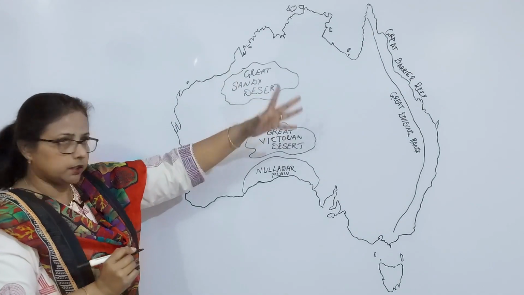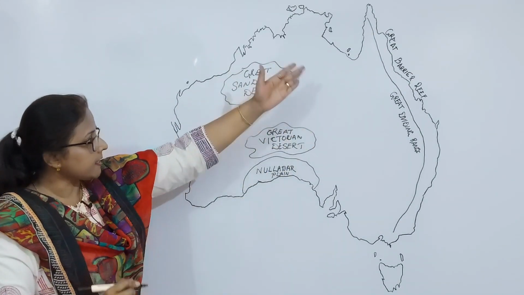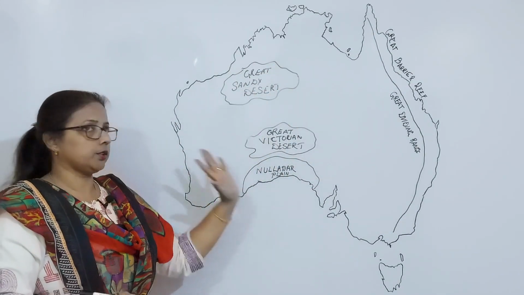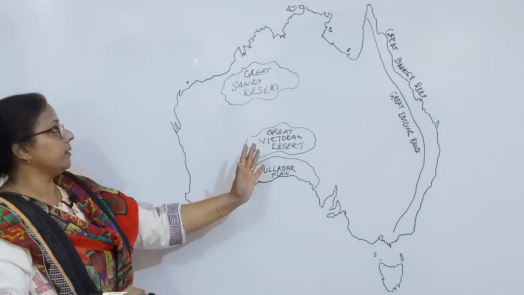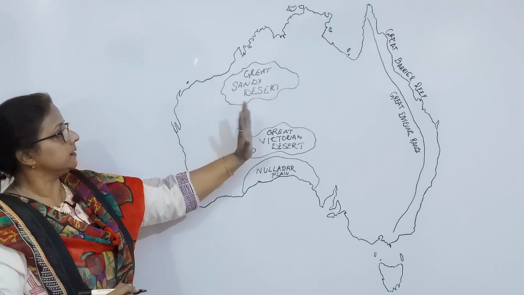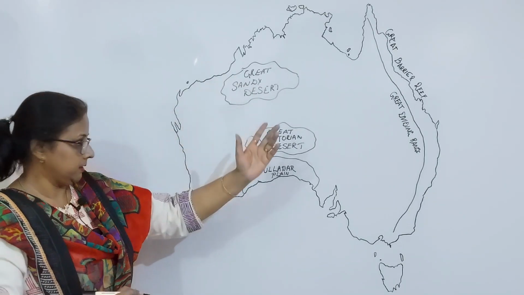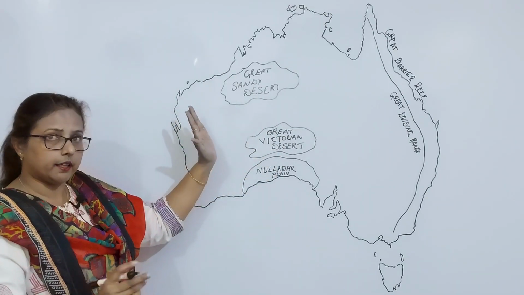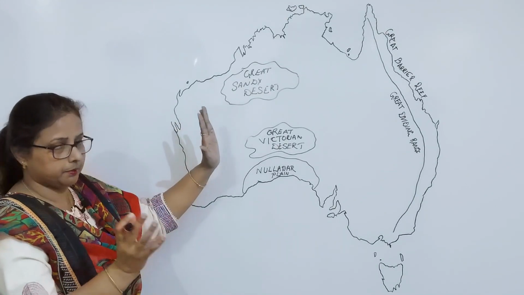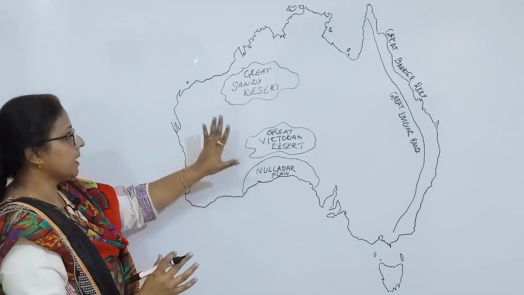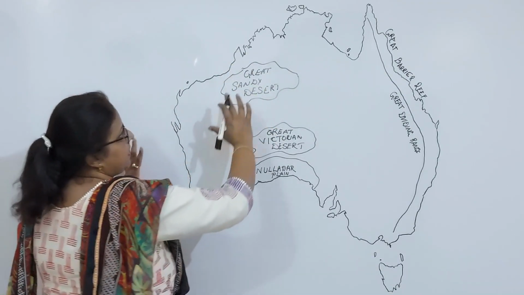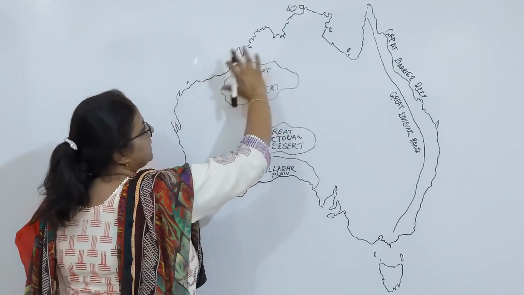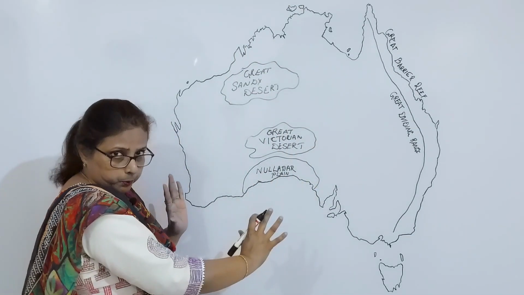Okay, so I told you in the beginning that everything appears in Australia to be great. The Great Barrier Reef, the Great Dividing Range, the Great Victorian Desert, the Great Sandy Desert. So everything is great about the continent of Australia. Now lastly we come to the Great Western Plateau.